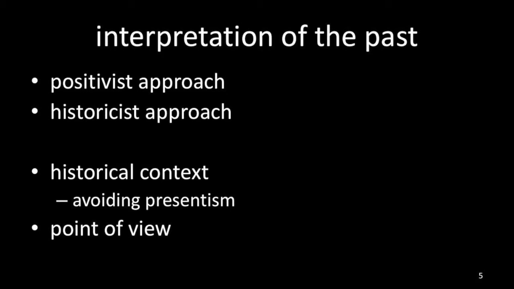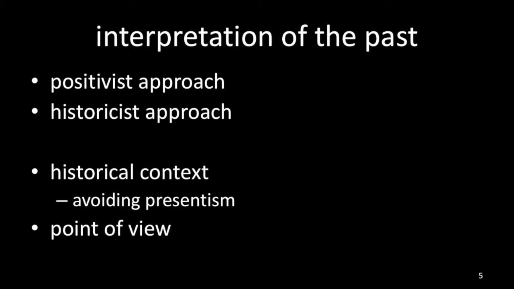The second thing we might think of, and this coincides more with the historicist approach clearly than the positivist approach, is points of view. The point of view of the historian in constructing history, and of being aware of how our point of view will affect our reading of the past, our interpretation of the past, and how we might take that into account as we're constructing ideas of the past.